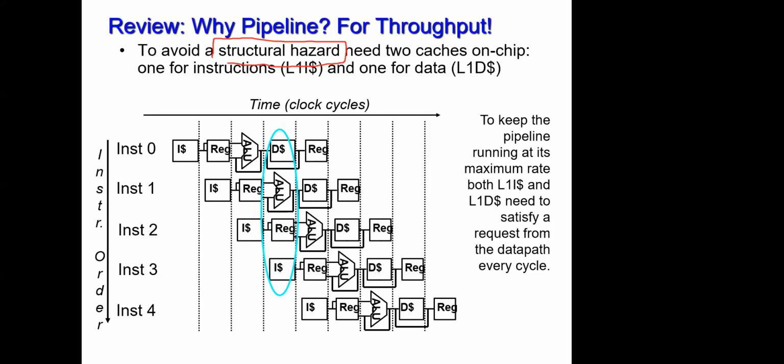So I would like to access the data memory and the instruction memory at the same time while they are in the same place. Because of that, we decided, if you remember, to split the instruction memory from the data memory. And here is exactly what I would do. I will face the same problem, that I would like to access the data memory in the same clock cycle that I would like to access the instruction memory. And because of that, just splitting this from that, I shouldn't get any problem.